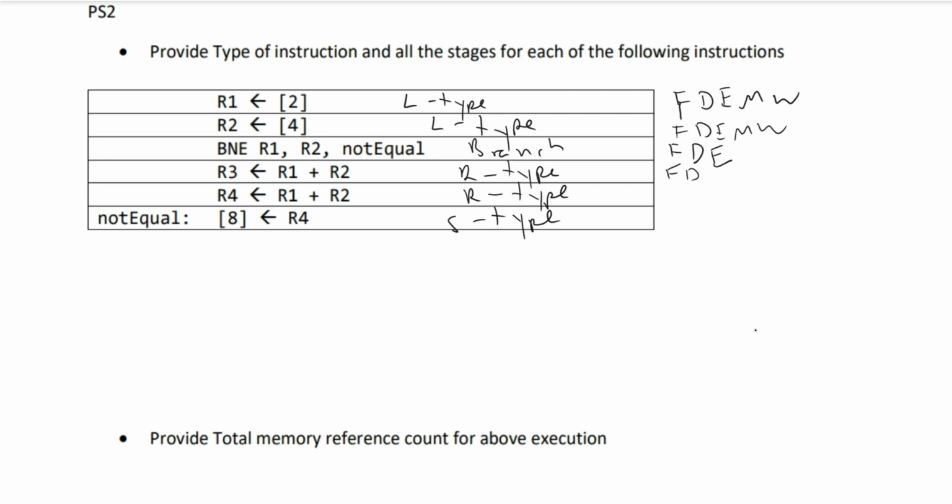Every single instruction always has at least fetch and decode. Branch has exec because you have to do the comparison. For R type, you don't have to go to main memory, so it's just exec and write back. I think that's what it is. For S type, it's fetch, decode, exec, mem. There's no write back.